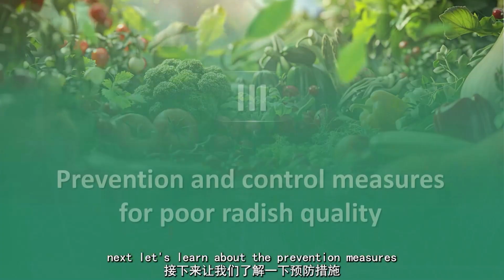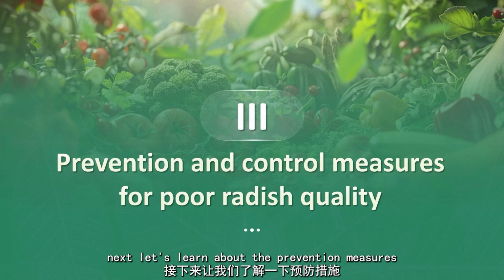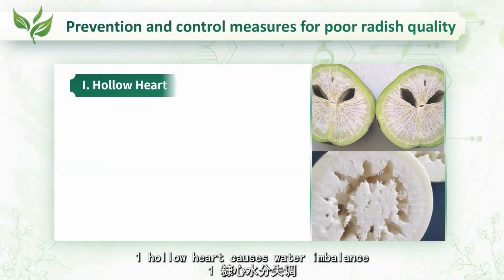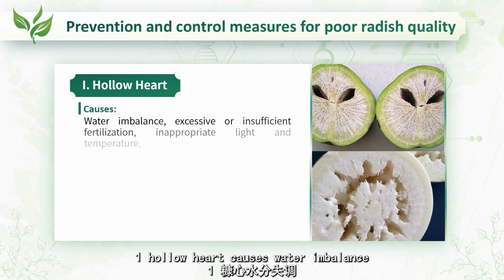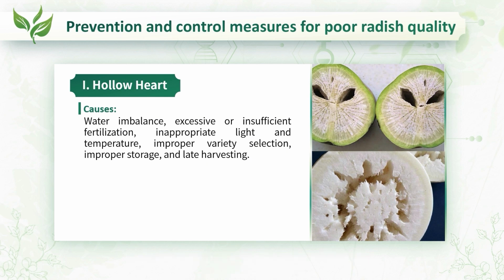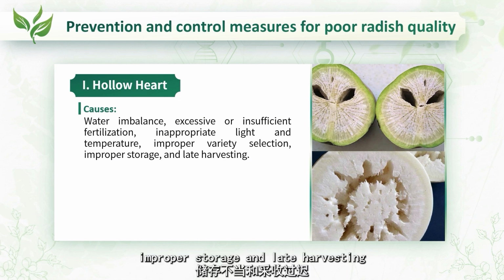Next, let's learn about the prevention measures for poor radish quality. 1. Hollow heart. Causes: water imbalance, excessive or insufficient fertilization, inappropriate light and temperature, improper variety selection, improper storage, and late harvesting.